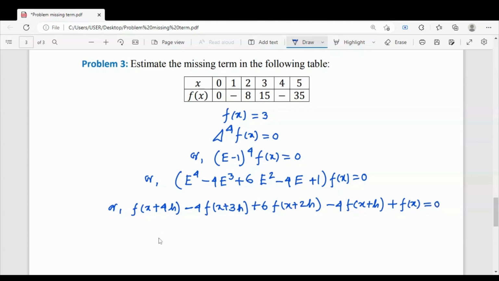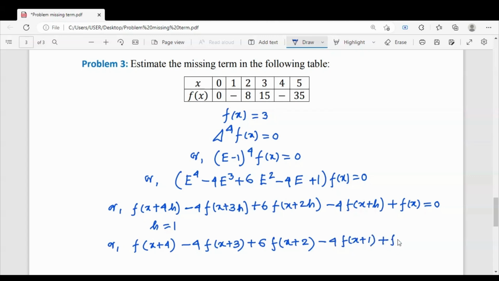Now in this problem also the value of h equal to 1. So if you put h equal to 1 in this relation, we get f(x plus 4) minus 4 f(x plus 3) plus 6 f(x plus 2) minus 4 f(x plus 1) plus f(x) equal to 0.